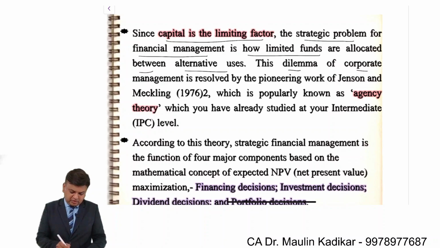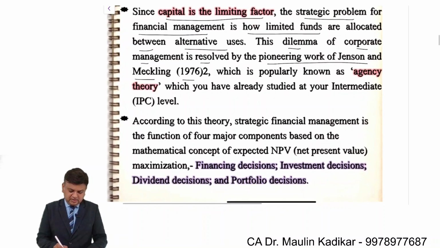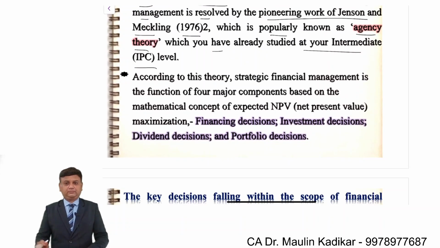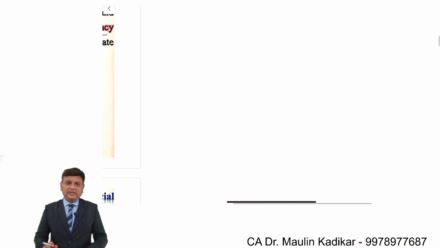The dilemma of the corporate management is resolved by the pioneering work of Jensen and Meckling, 1976, which is popularly known as agency theory, which you have already studied at your intermediate, that is IPCC, level. Friends, the agency theory, I hope you recall, is something like this.